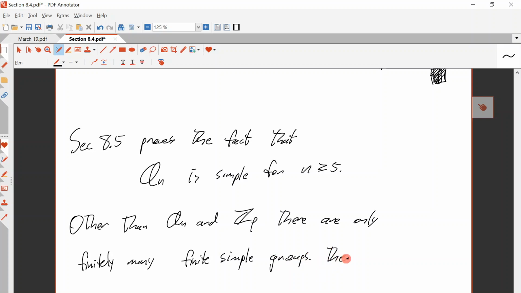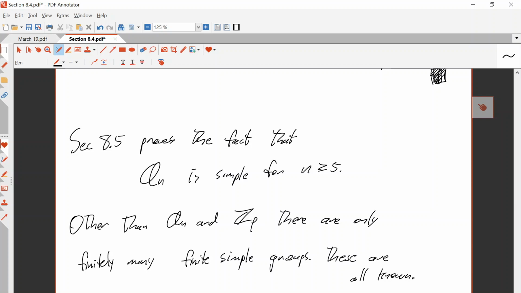And these are all known. That is probably one of the biggest theorems in the theory of finite groups. That was solved sometime in the 80s, I believe. It was finished sometime in the 1980s, maybe early 90s. Just the classification of all these finite simple groups.